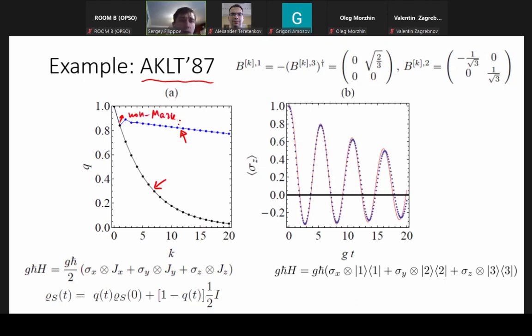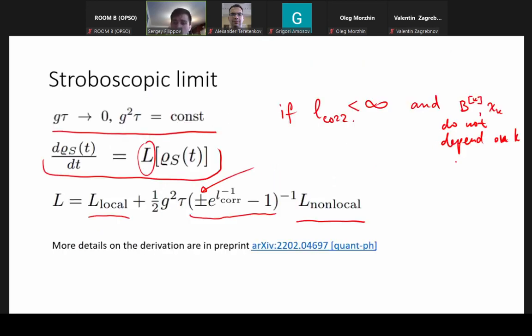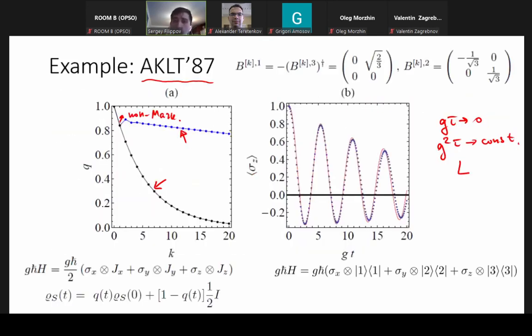But as we already know from the theorem, there is a Markovian embedding, and it is nice. But if we now tend Jt to 0 and J squared tau to a constant, so the stroboscopic limit, then we can describe that situation through the modified generator L given here.